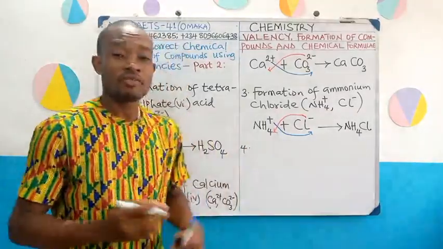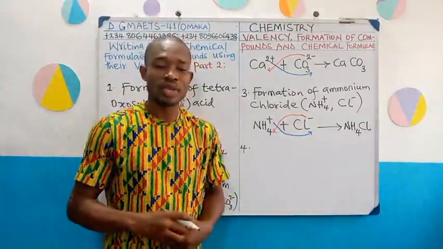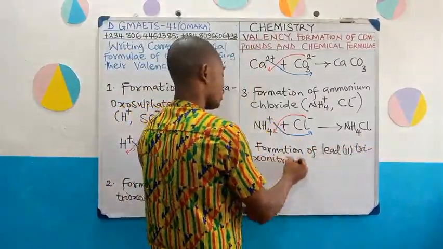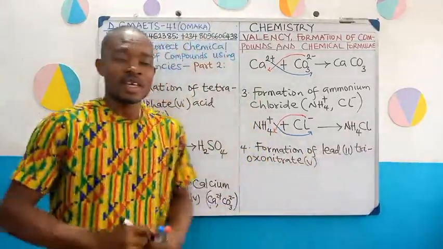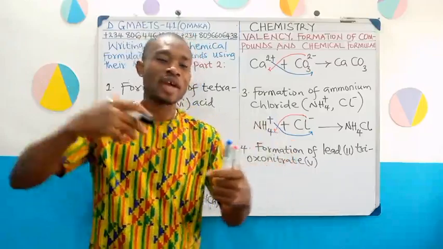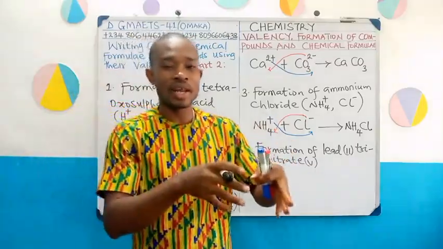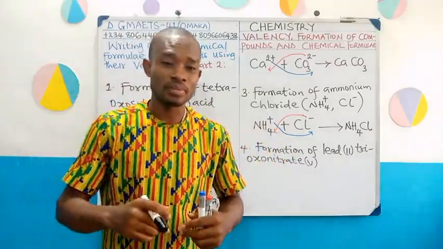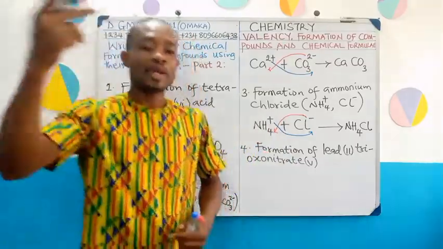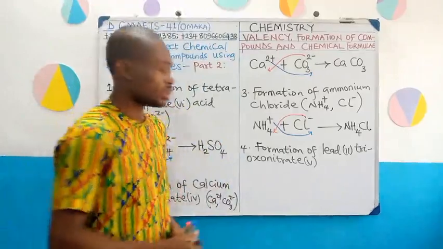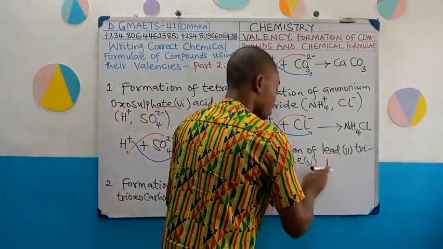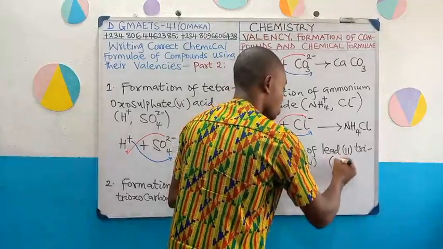Finally, let us look at the formation of lead(II) trioxonitrate(V). Did you listen to the compound name? Lead(II) trioxonitrate(V). So lead, you heard lead. Lead is Pb. Now, trioxo, you heard oxo, which is oxygen. Nitrate is from nitrogen. It simply means that we have these elements or ions present.